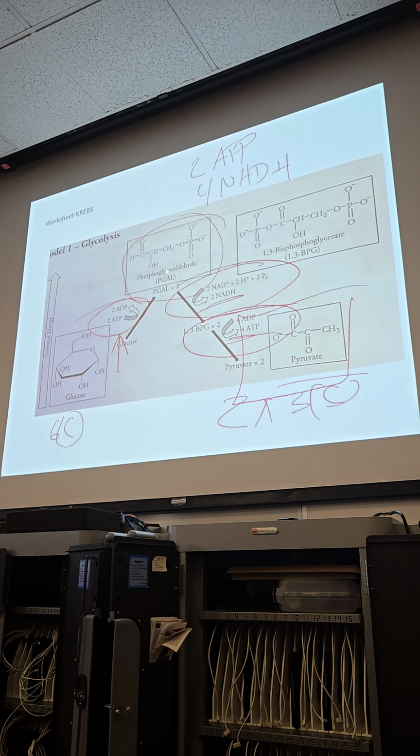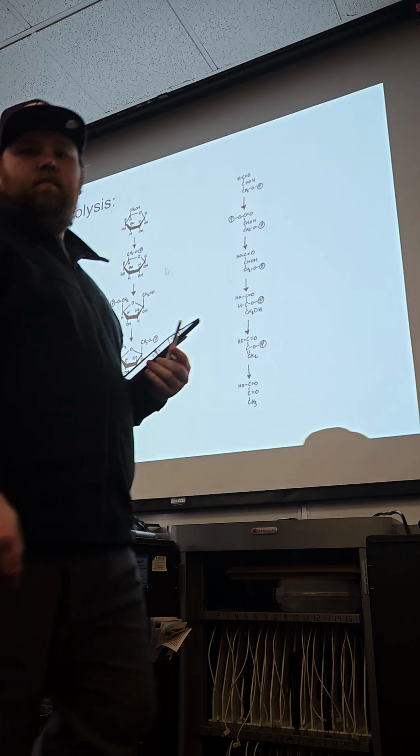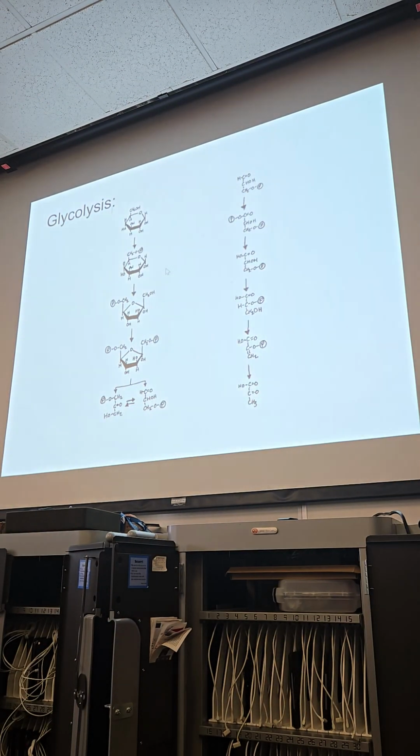Well, 10A, pyruvate is ionic, polar. Ionic. Well, is it likely to move across the mitochondrial membrane by diffusion? Yeah, because it's small.